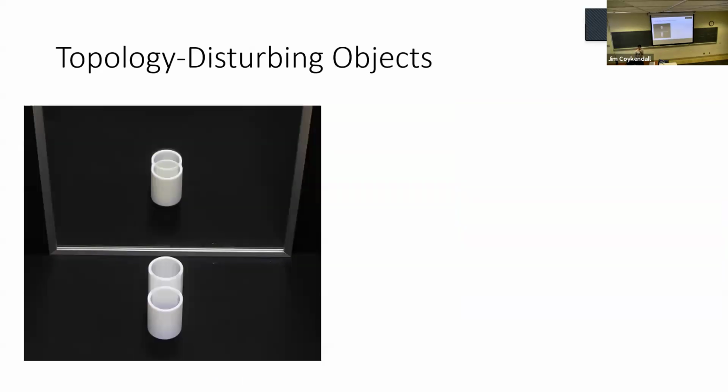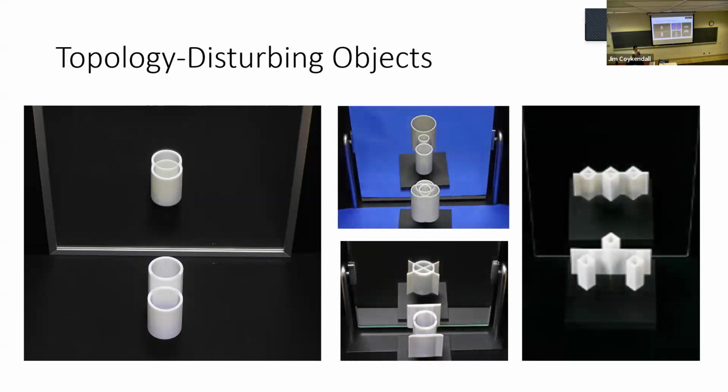Okay, let's see another type. Logically dispersing objects. Now, the object itself, two cylinders, not intersecting, and now in the mirror, hey, they intersect. Variations.